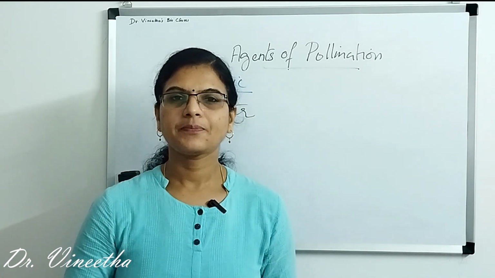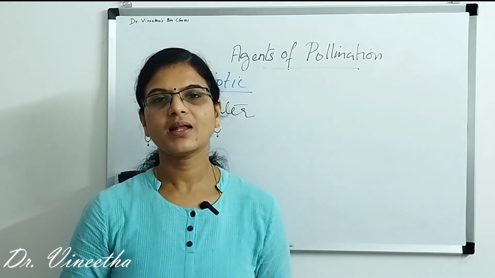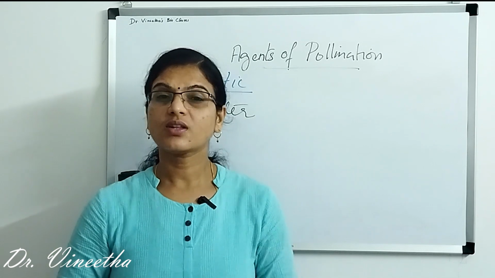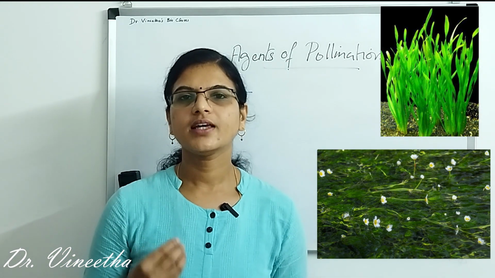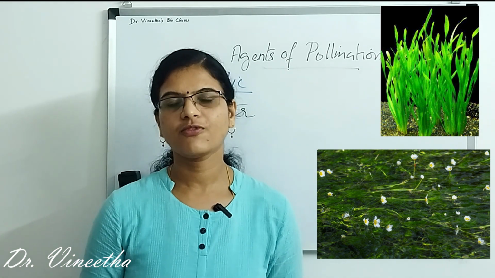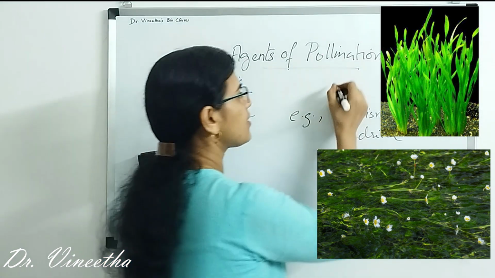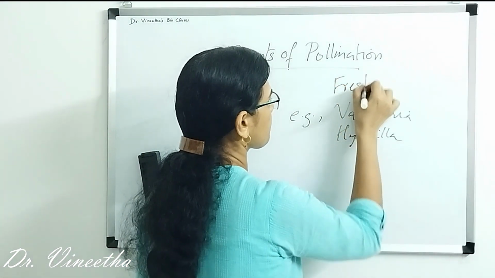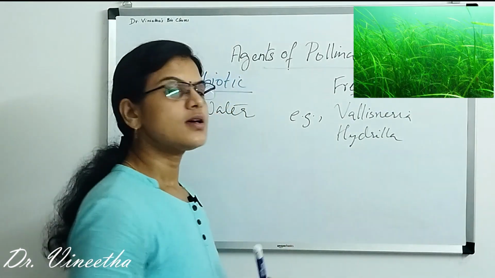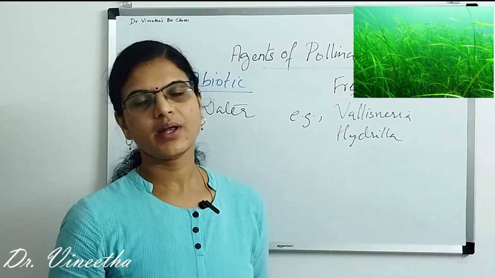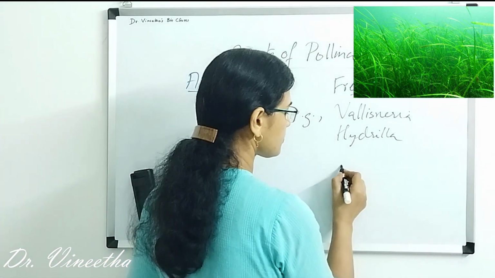For example, the algae, bryophytes, pteridophytes, these are all classes of plants which do water pollination. Certain freshwater plants such as Vallisneria and Hydrilla use the water as a medium for pollination. These are plants which do pollination through water, and they are the freshwater varieties. Okay, and Zostera is a marine variety which does pollination through water.